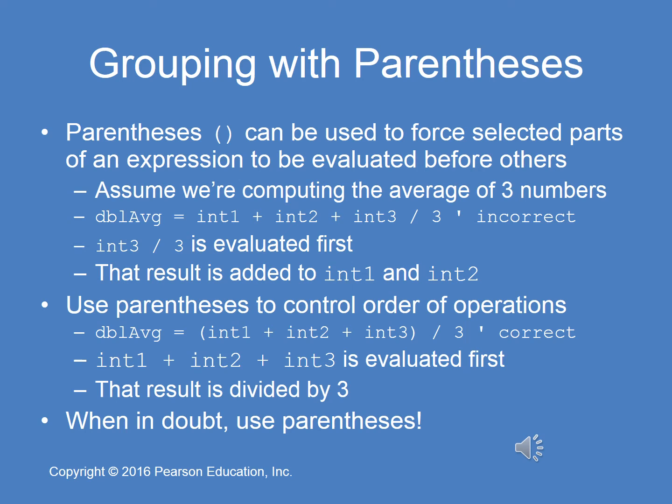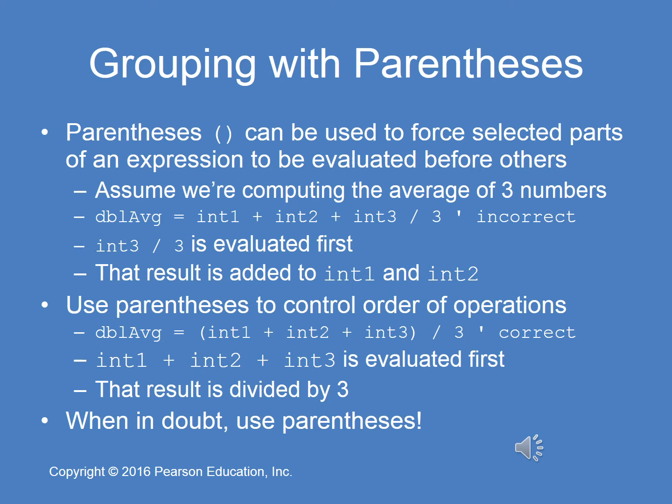So, like I said, use parentheses to group components of an expression that you want resolved before others. And so here's the example the author gives. We have an expression on the right-hand side of an assignment statement that will be assigned to double average: int1 plus int2 plus int3 divided by 3.